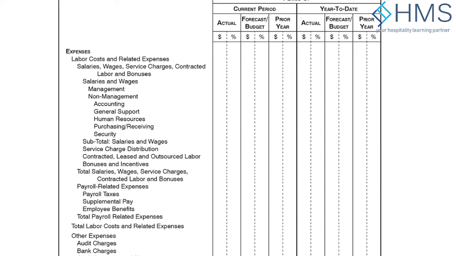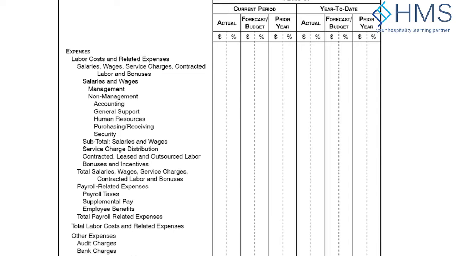You cannot allocate the cost of the GM into the rooms, F&B and spa departments by any ratio, even though he is supporting all the departments. You can use the time that he spends in each department, or you can use the revenue in each department, but that's not a realistic allocation of cost.